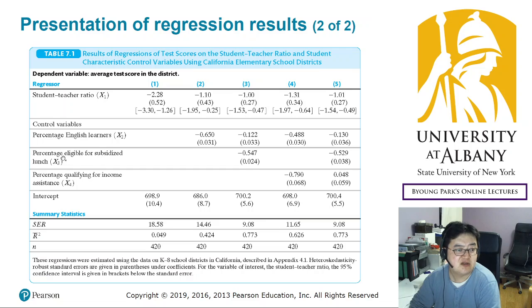As I said, in this table, you see that X3 and X4 have been tried in different ways. Model 3 is about free lunch, model 4 is about income assistance, and model 5 includes both.